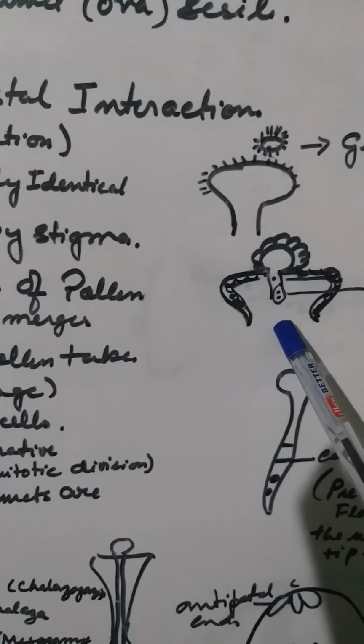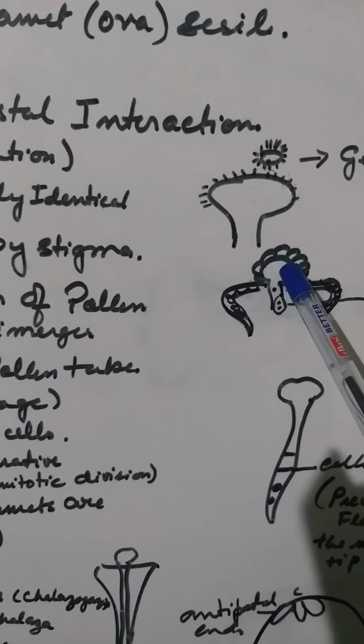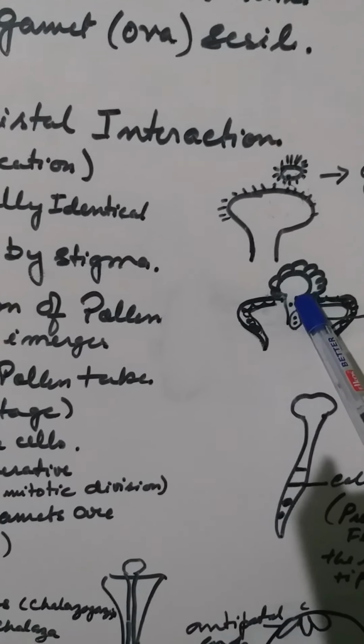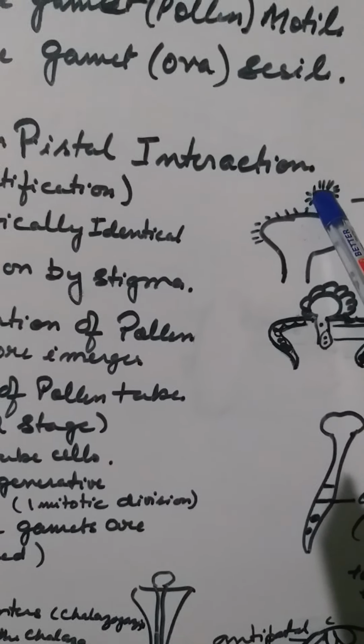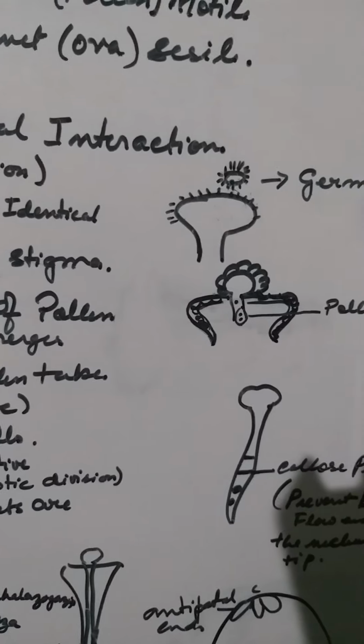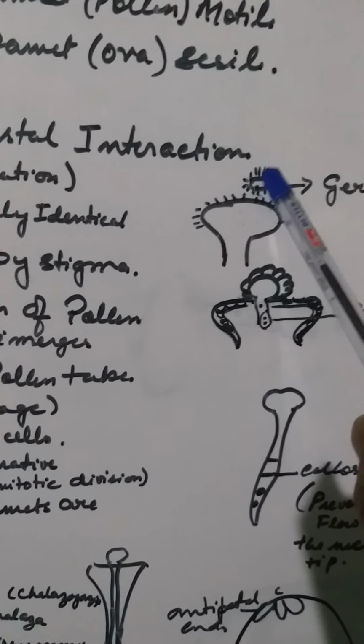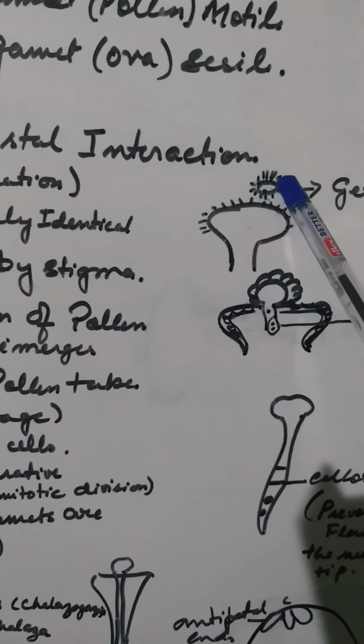Now here you can see in the second diagram that the pollen has a small opening. If you can see a black dot I have marked, that is known as the germ pore. What is a germ pore? A small opening in the pollen grain. The outside is known as the exine.